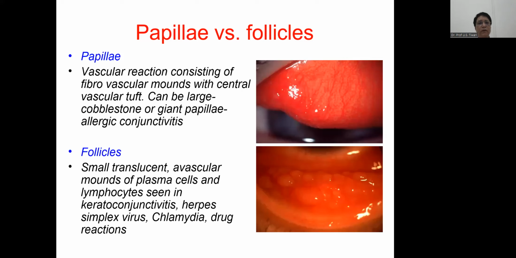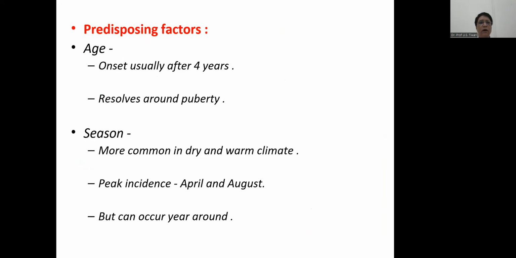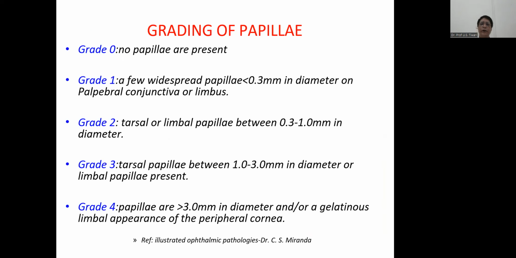Now, how are you going to grade the papillae? Grade 0 means no papillae are present. Grade 1 is a few widespread papillae measuring less than 0.3 millimeter in diameter on the palpebral conjunctiva or the limbus.